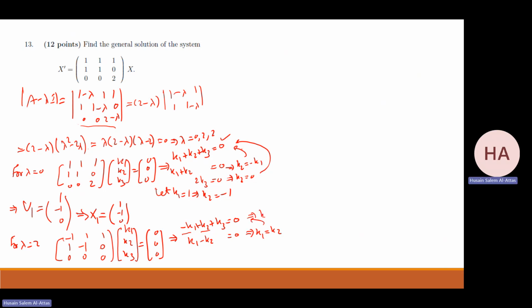I'm getting K3 equals 0. So V2 as an eigenvector is what? I have only one free variable. K2 equal 1. So I have 1, 1, 0. So I have only one eigenvector.